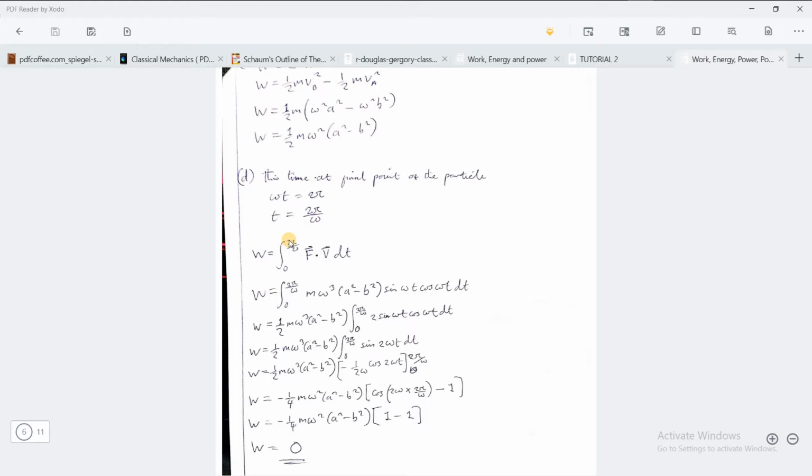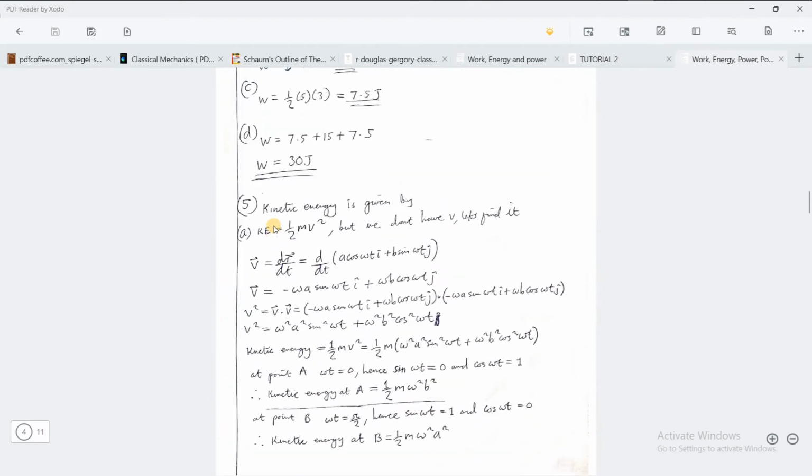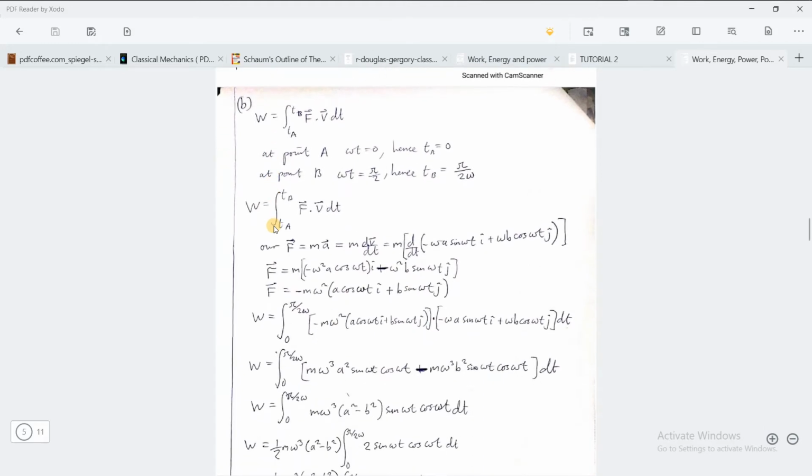So when you look at this, this is part B. We use the formula for the integral of F dot V dt. Remember, this was one of the formulas for getting the work done.